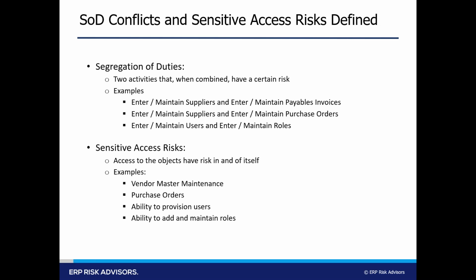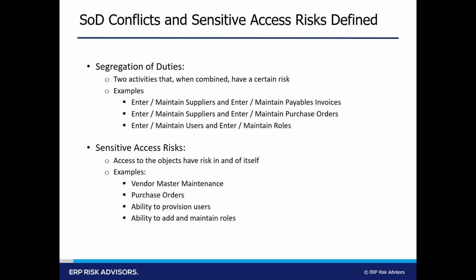So just to reiterate the definitions of what these are, SODs, segregation of duties, are two activities that, when they combine, have a certain risk associated with them. So it's the combination of two business processes, or if I think about the buckets of access controls as transactions, configurations, and master data, it could be two transactions, it could be master data and a transaction, it could be a configuration, even a configuration in a transaction, which we'll talk about as a particular grouping of rules that we look at as well.